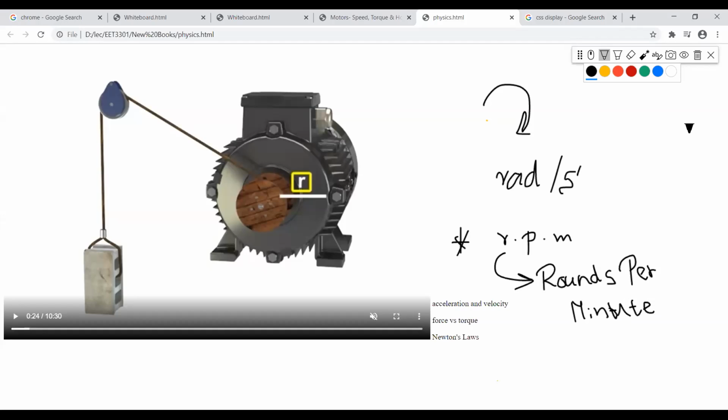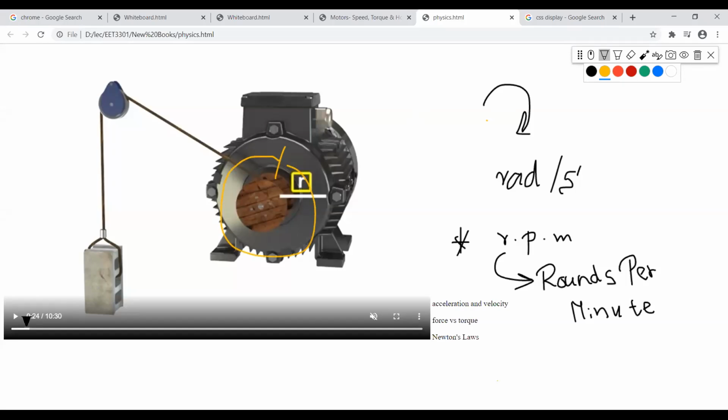In other words, how many rounds? A round means it starts its rotation from one point, let's say this point, and comes back to its initial position.